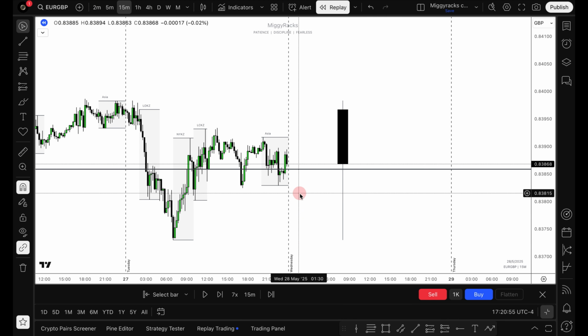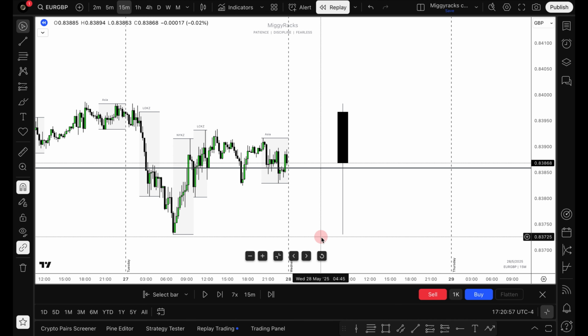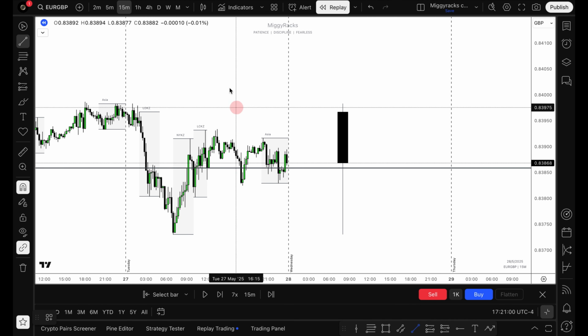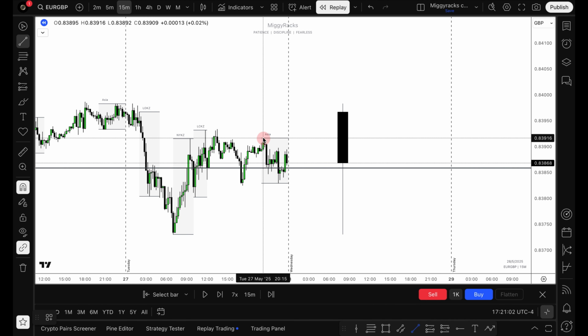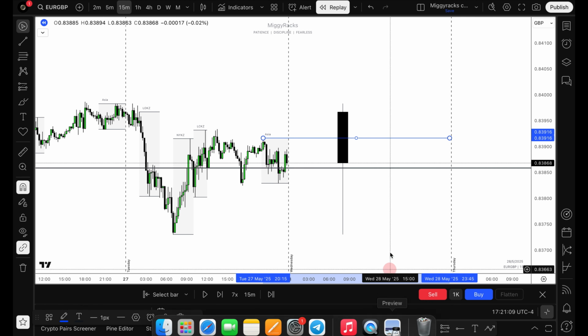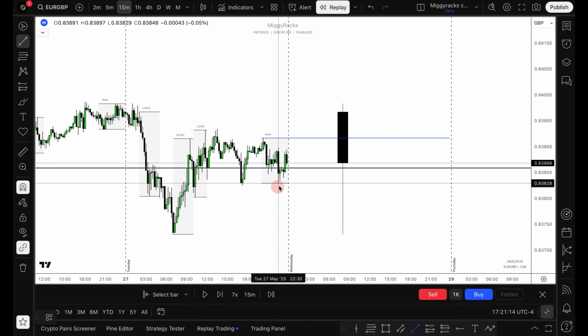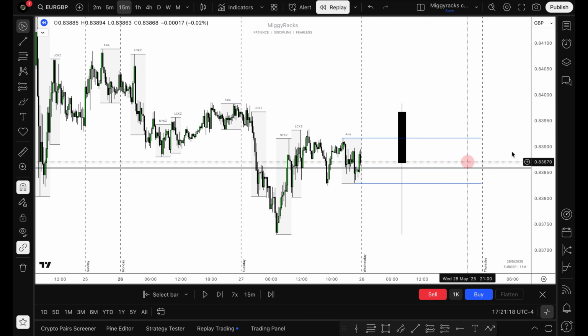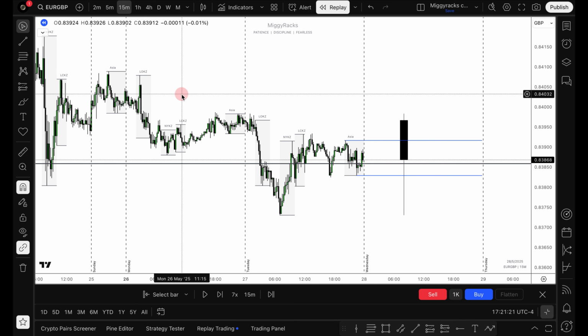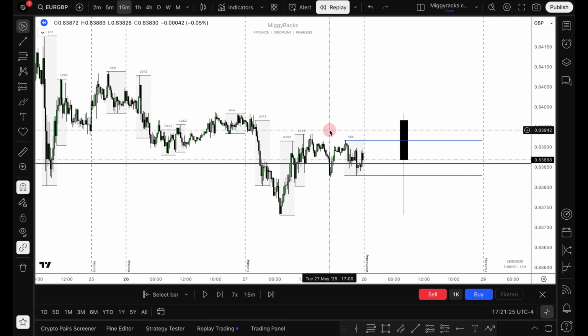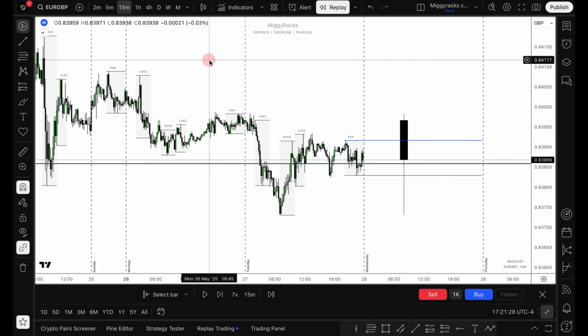So a quick example for you, we have Asia. So I'm going to mark out Asia's high, and then we got Asia's low. Because my bias for the day, for the Wednesday, is bearish, I want to look for sell positions.